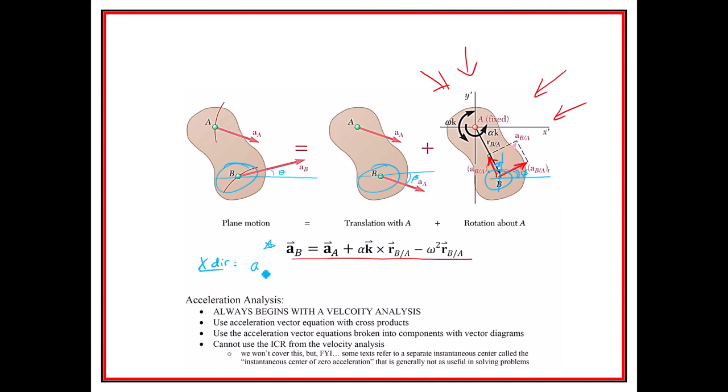So I write down that AB times the cosine of theta is equal to AA times the cosine of beta plus, and now we have 2 parts. Remember, we have 2 parts, and only the parts that are contributed to in the x and the y direction. So we're going to have alpha r, and I could call that RB with respect to A if I wanted to.